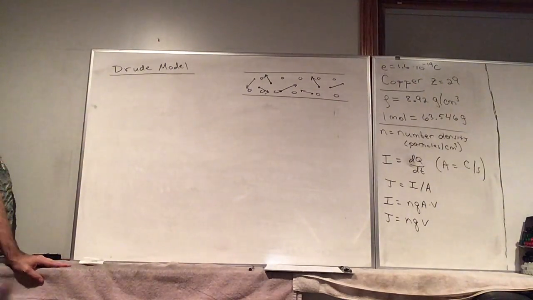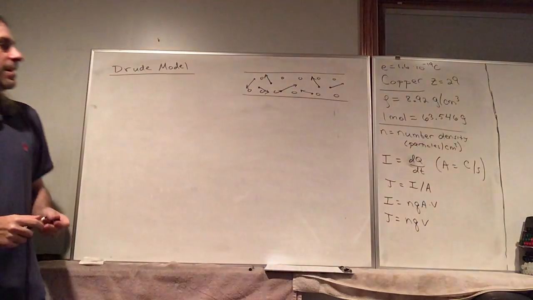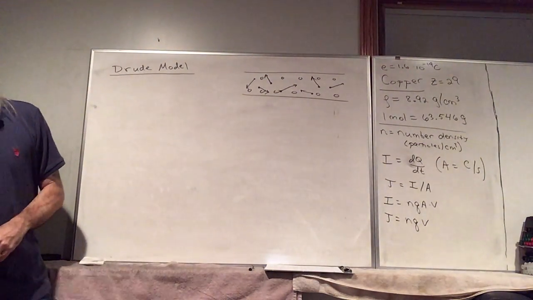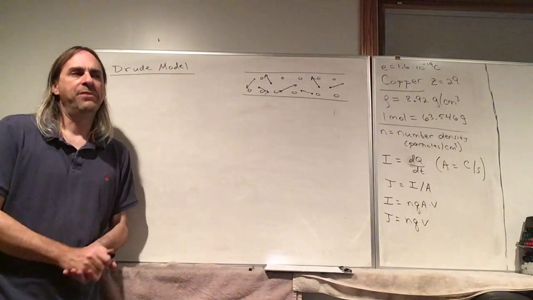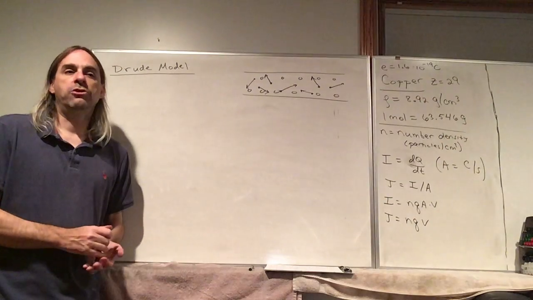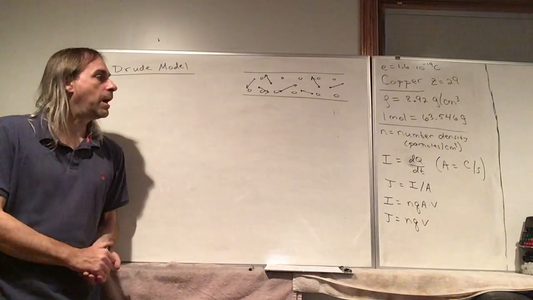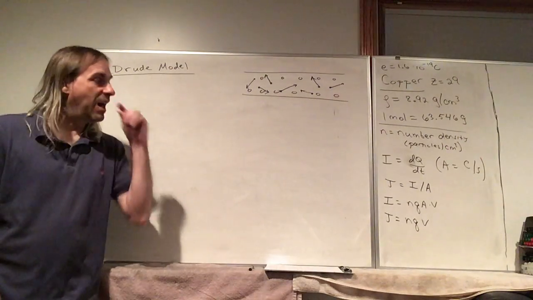So that's one assumption. Now, these electrons that move around randomly, this is actually called an electron gas, which is not like the gases we've encountered before, which are based on this Maxwell-Boltzmann distribution. These work a little differently.